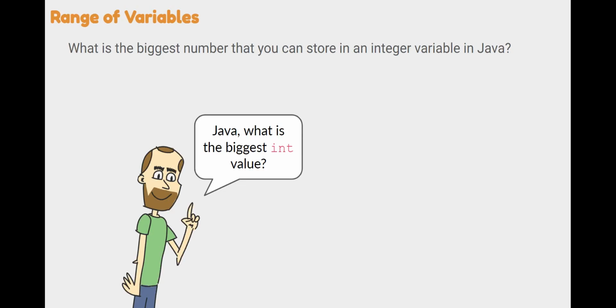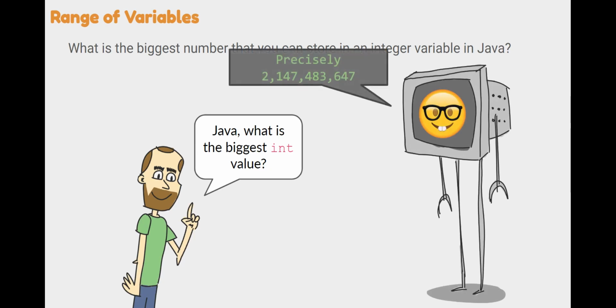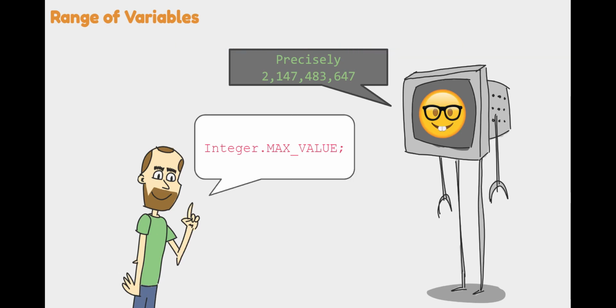You can just ask Java, and Java will tell you that it's precisely 2,147,483,647. We just need to know the right way to ask Java what that number is. And we do that by saying Integer.MAX_VALUE.